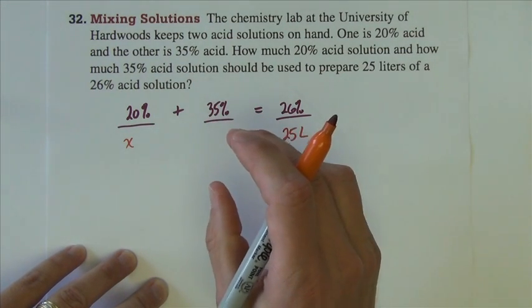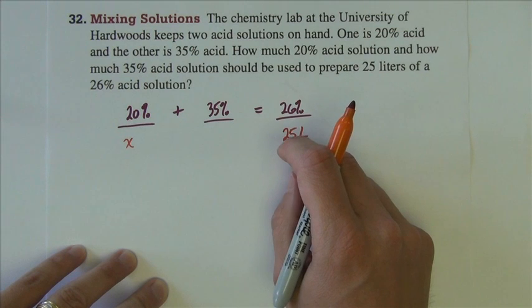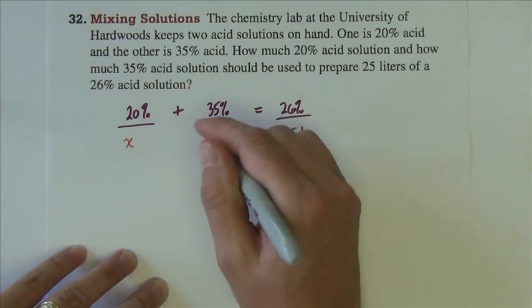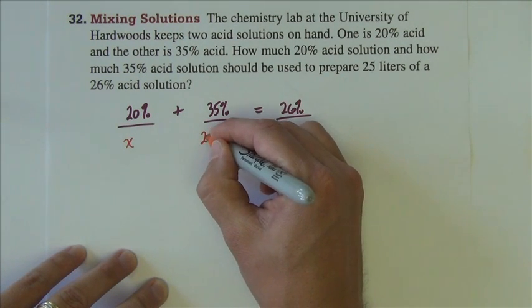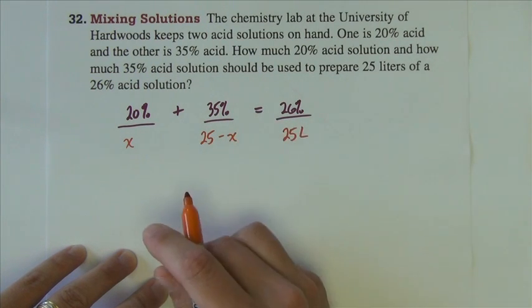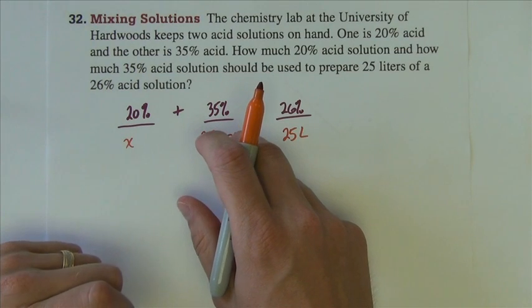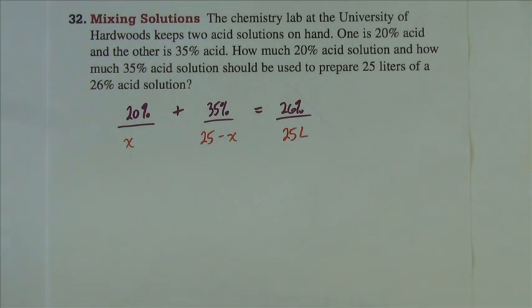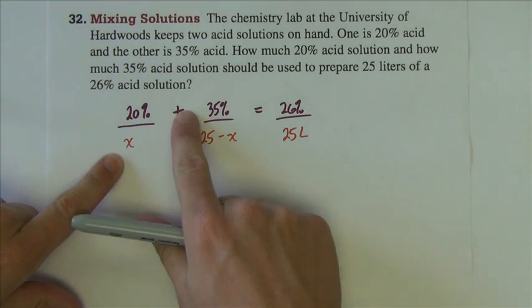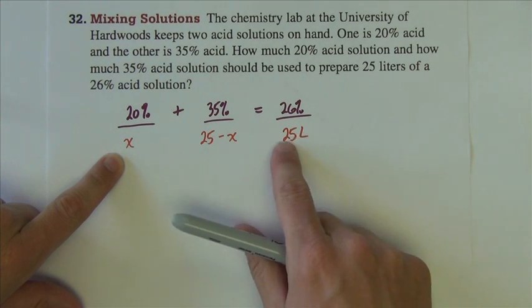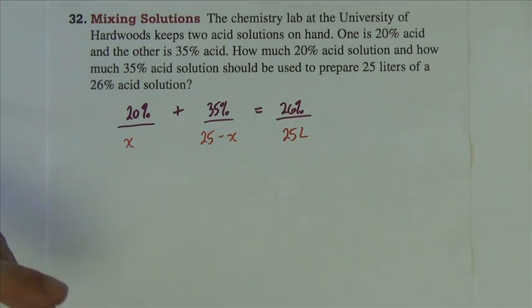If I need 25 and I put X of it here, then the expression 25 minus X would show how much is going to be left over on this one. Or think of it this way, X plus 25 minus X is 25. So it works out that way too.